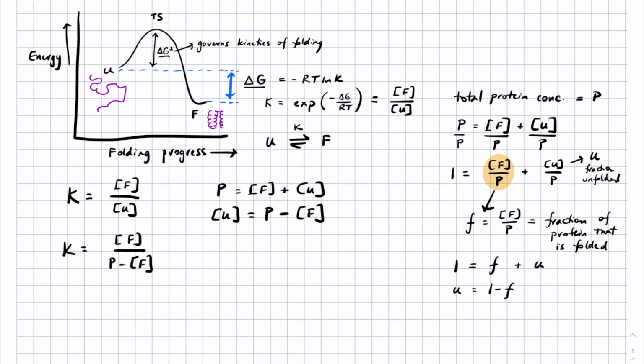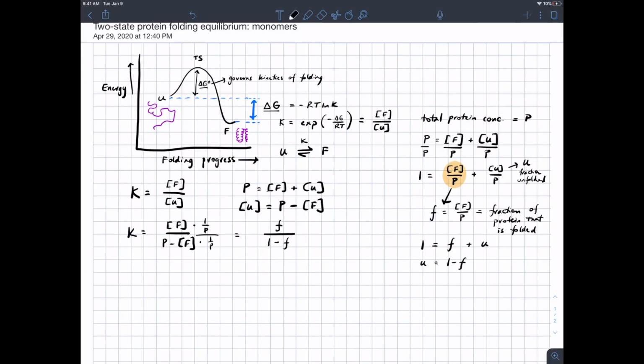And then if we multiply top and bottom by 1 over p, we can rearrange this to fraction folded over 1 minus fraction folded. And then we can do just a little bit of algebra to rearrange this and develop an expression for fraction folded in terms of equilibrium constant.